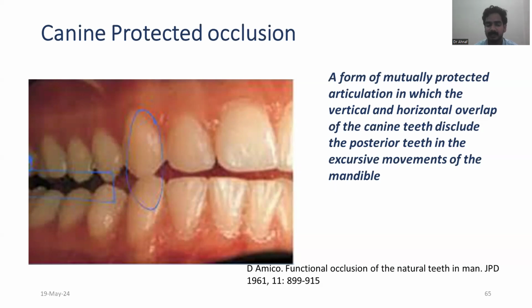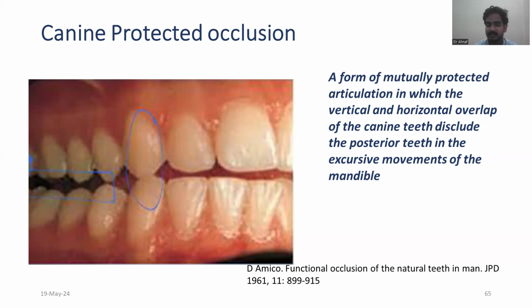So when we compare canine protected occlusion and group function occlusion, in group function occlusion during lateral excursive movement, on the working side there is a contact of multiple teeth. But in case of canine protected occlusion, there is only one contact, of the canine. All other teeth are non-contacting.